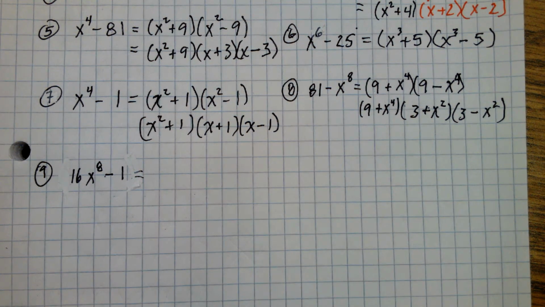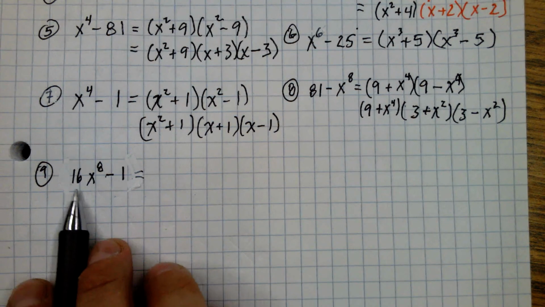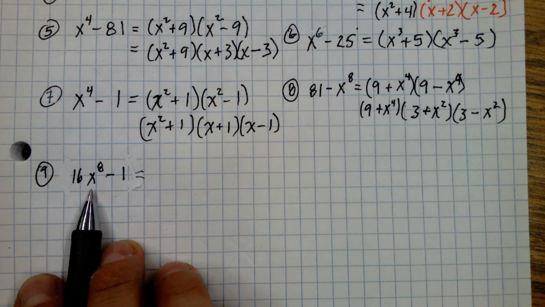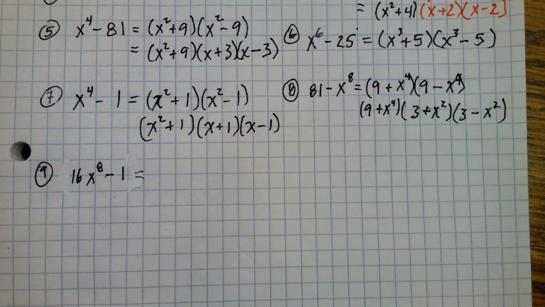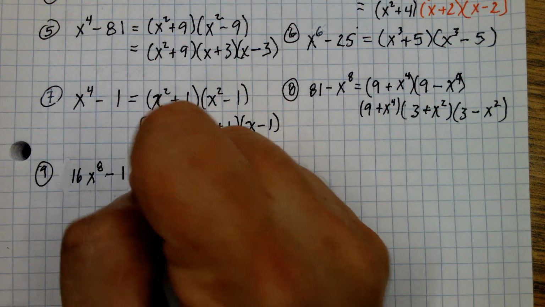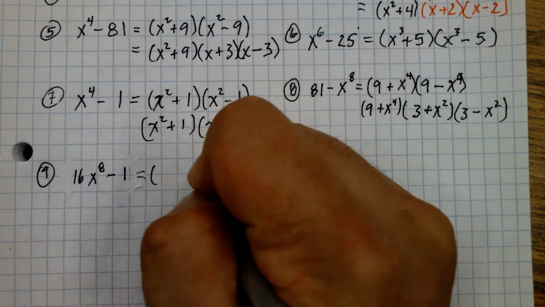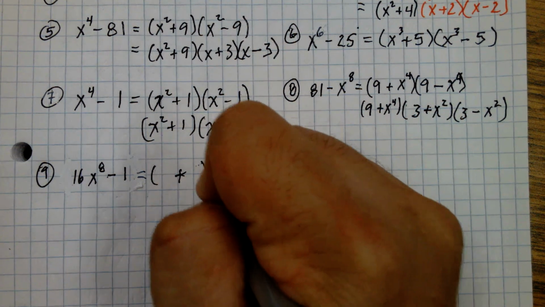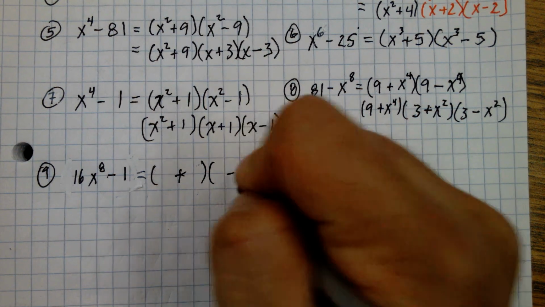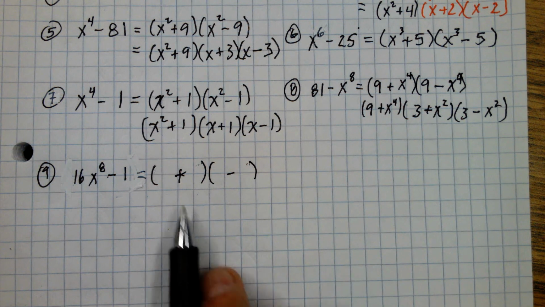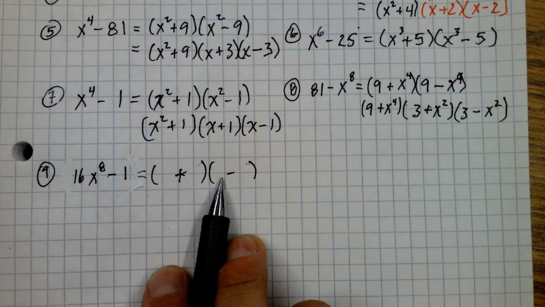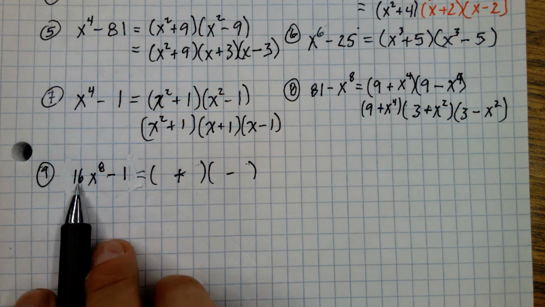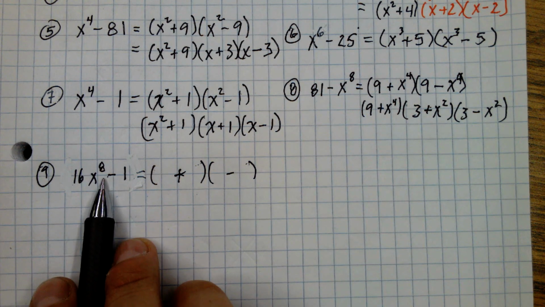Okay, this is just pattern recognition. 16x to the 8th is a perfect square, and we know 1 is a perfect square. Okay, what would go in the first term in each one? 4x to the 4th. Just take the square root of this whole thing.